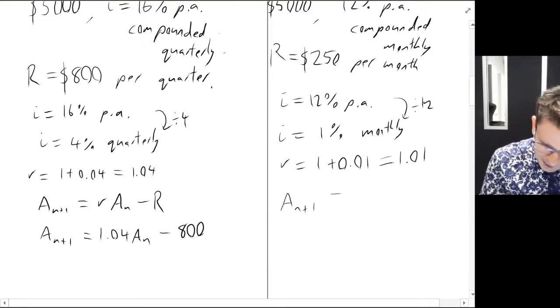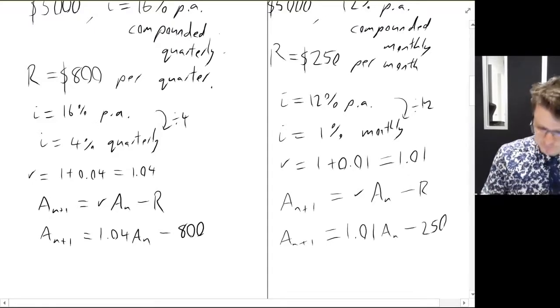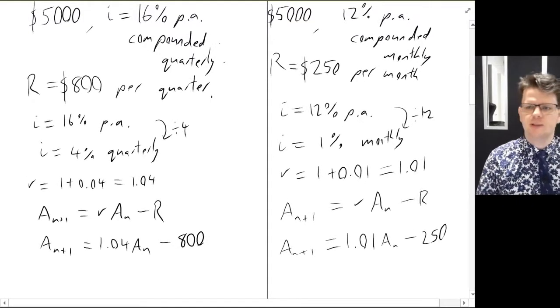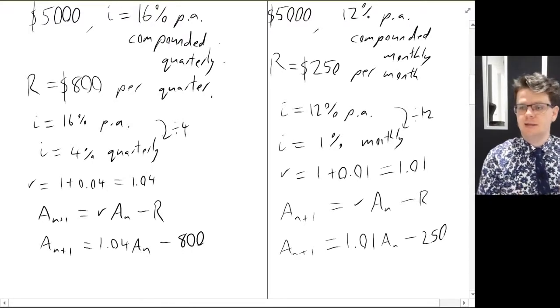And our formula will end up looking like this. It's really important that everything's in the same rate. Everything's got to be quarterly or per quarter for it to work. If you've got anything that's annual or anything else, it's going to mess up your answer.